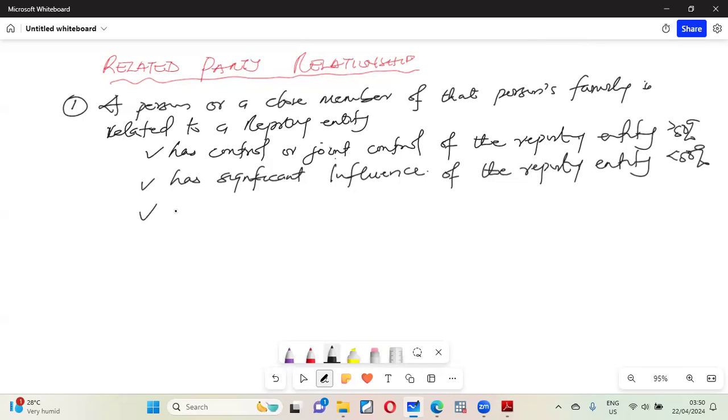Maybe it's because that member is a member of the key management personnel of the reporting entity or a parent of the reporting entity. All right. So that is that.